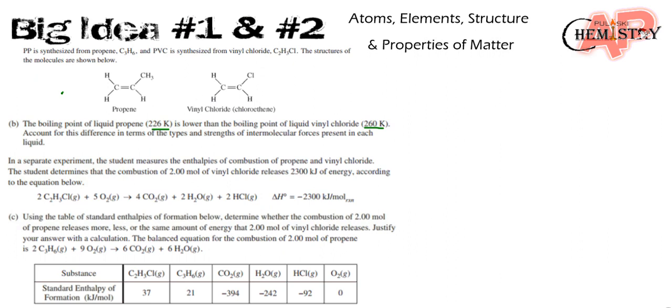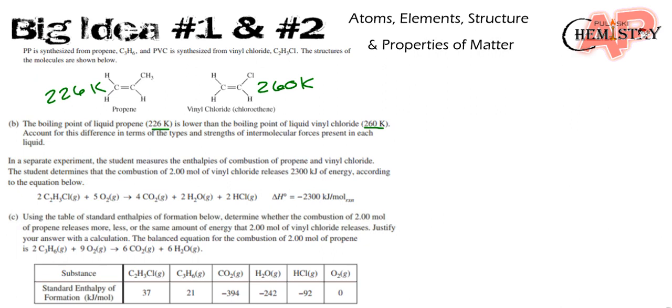So this is 226. If you can't see it, write it next to it. If you're having a hard time reading it, sometimes numbers and phrases don't jump out. I mean, what's the harm of writing it down? I'm going to put it right next to that structure because I know I'm looking at a structure so I can understand this better. It says account for this difference in terms of the types and strengths of intermolecular forces.